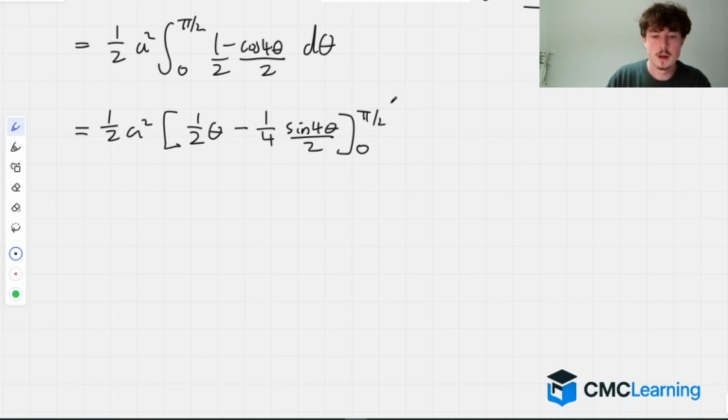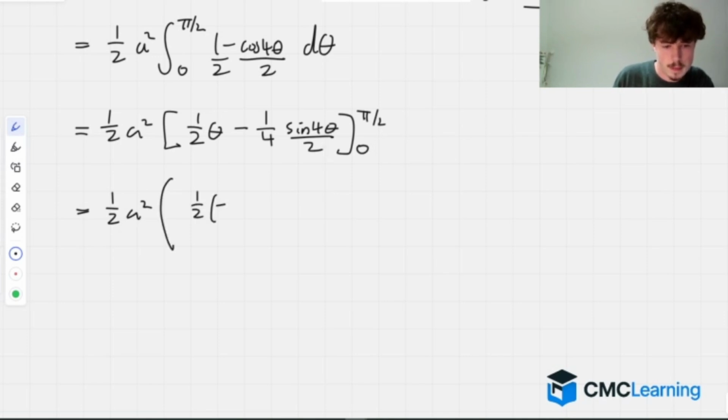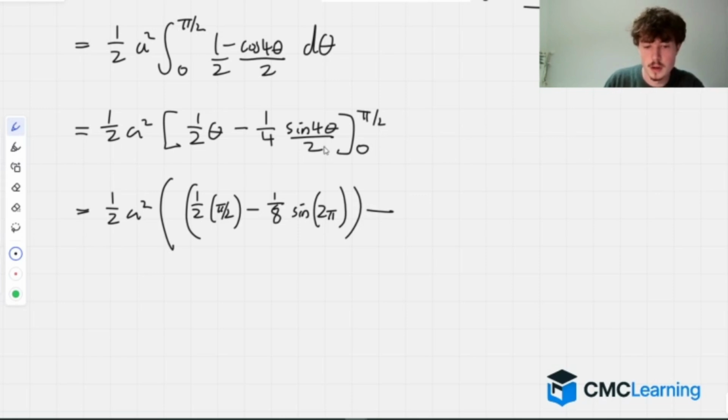We now need to apply these limits to this formula, so we can rewrite this as 1/2 a squared brackets 1/2 pi over 2 minus 1/8 sine 4 times pi over 2, which is 2 pi, and then we have to apply the 0 terms, so 1/2 times 0 will just be 0, but I'll write this out for completeness, and a sine with a 0 inside will also just be 0.